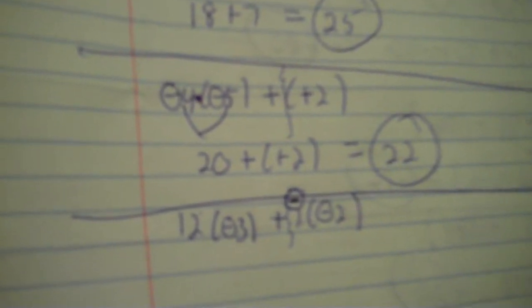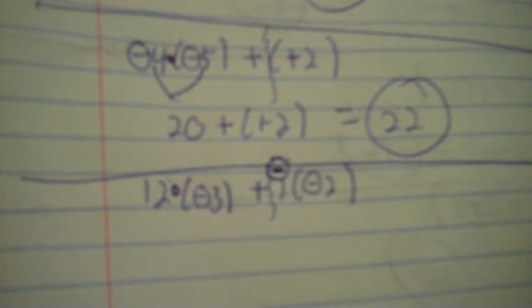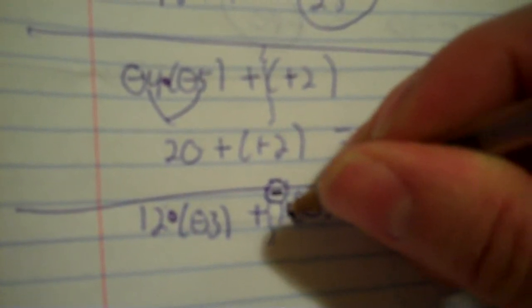So what are the operations? 12 and negative 3. There's no sign, so that's times. Then negative 3 and negative 7 has the plus sign. Then negative 7 and negative 2, that would be times. Okay. So parentheses, we have them, but we can't do anything inside.